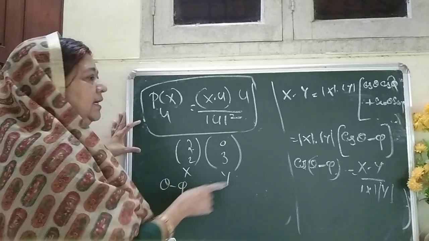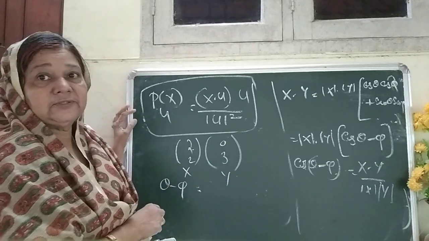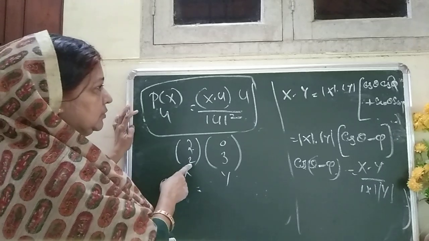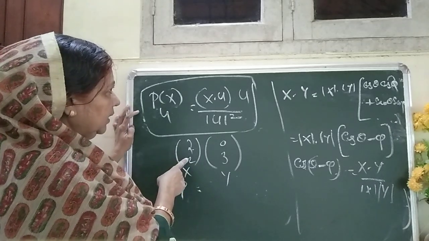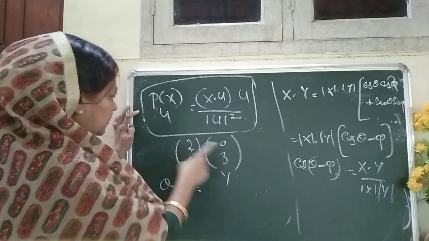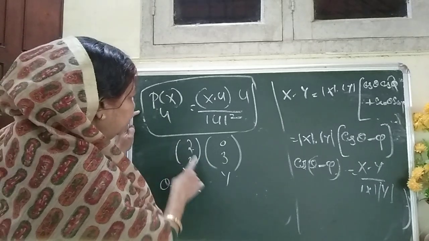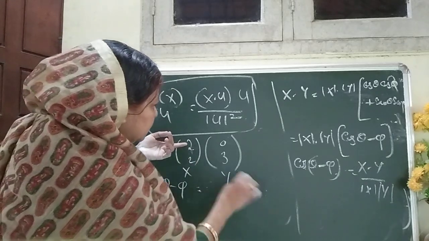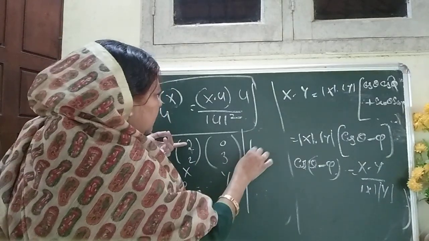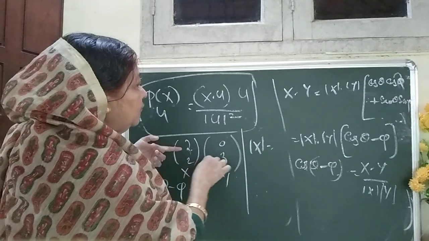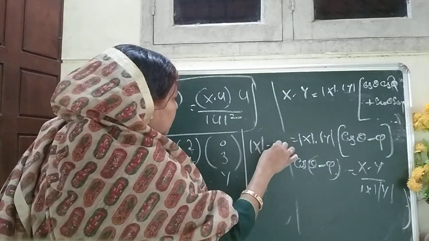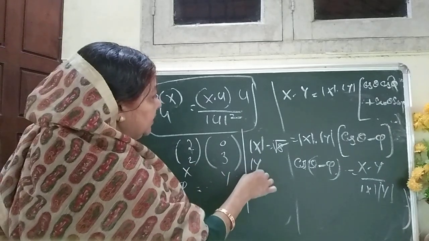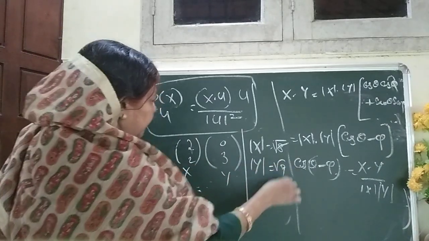It is x dot y by modulus of x into modulus of y. Modulus of x equals root of 4 plus 4, that is root of 8. Similarly, modulus of y is root of 9.